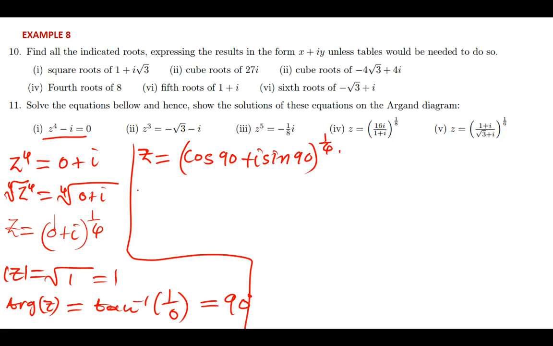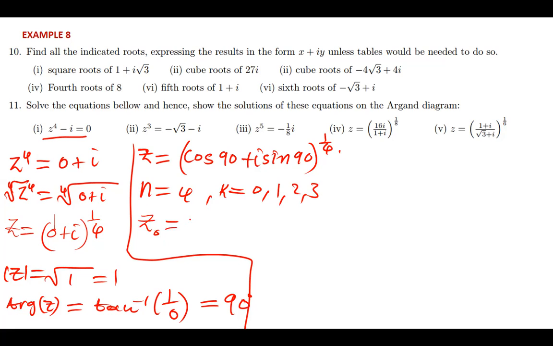The value of n is 4, and the k values are 0, 1, 2, 3. From there we can now find z0.